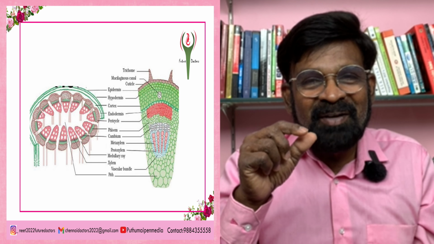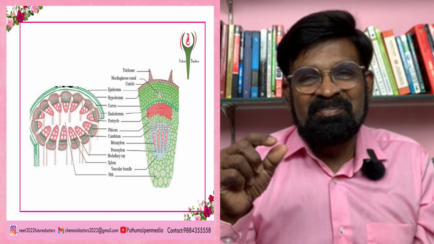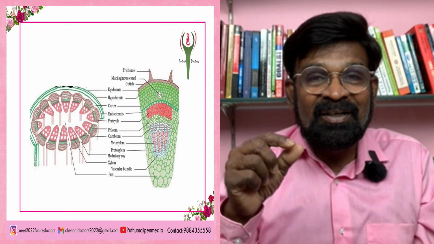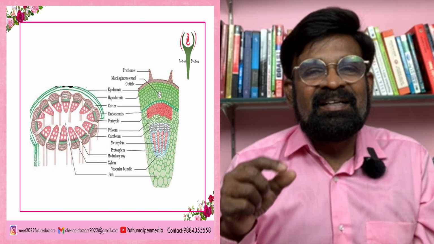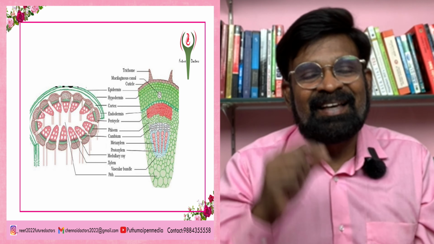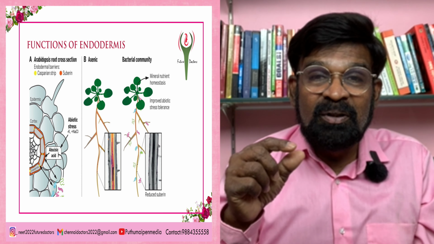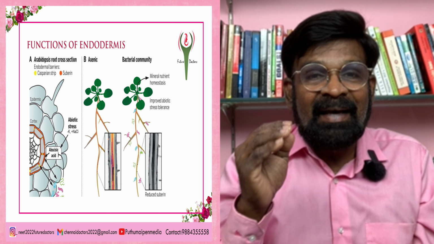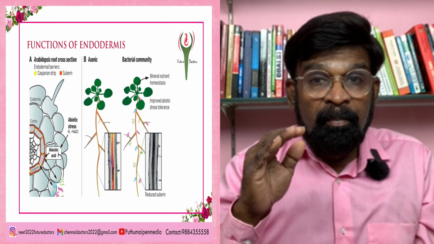A well-developed endodermis is present in all types of roots. Aerial stems of woody dicotyledons and gymnosperms show characteristic Casparian thickening. The endodermis helps to control the movement of water and ions between cortex and xylem.